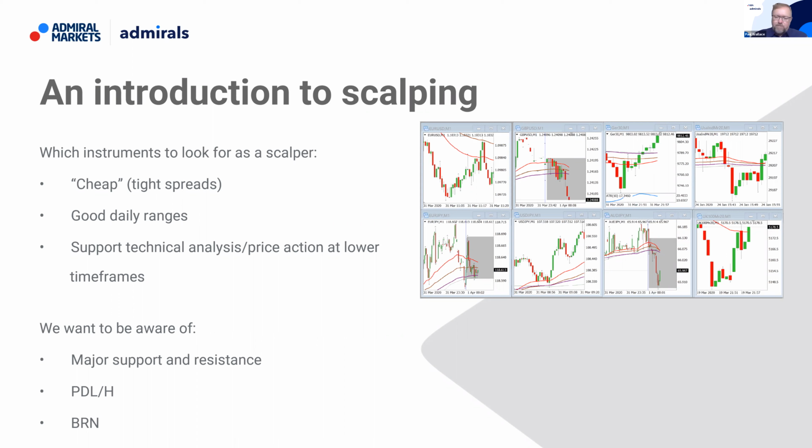Really tight spreads, because you might be in a position with 6, 7, 8, up to 10 ticks or pips as your stop loss. But if your spread is 5 or 6 pips, then the cost of the spread against your stop loss starts to eat into it. It starts to make a big difference.